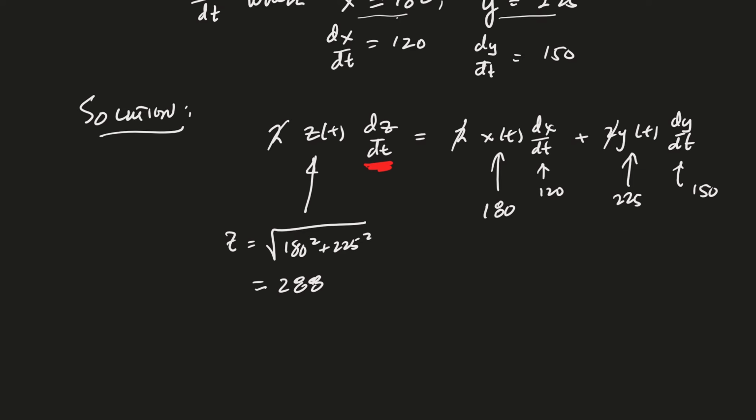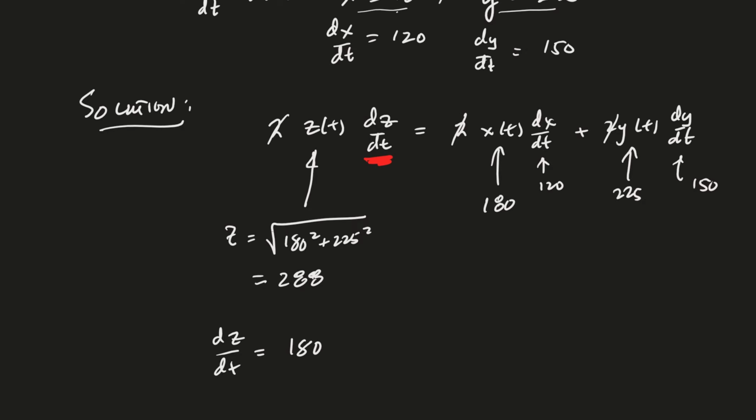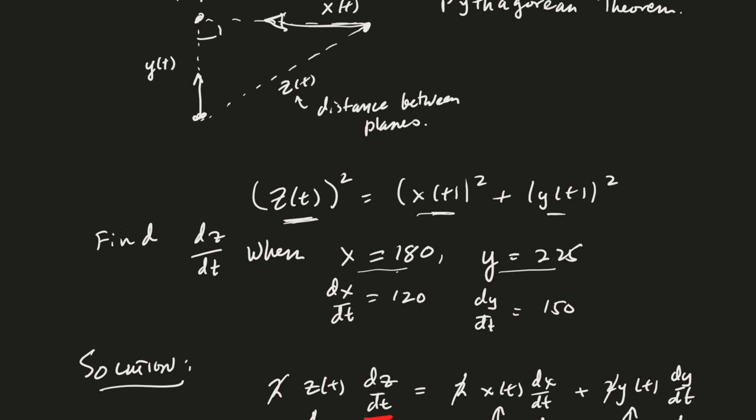Everything is known in this equation except for dz over dt, so we can go ahead and make our computation, and we see that dz over dt is going to be, let's see, 180. I should mention one thing. dx over dt, what I've written up here, is the speed.